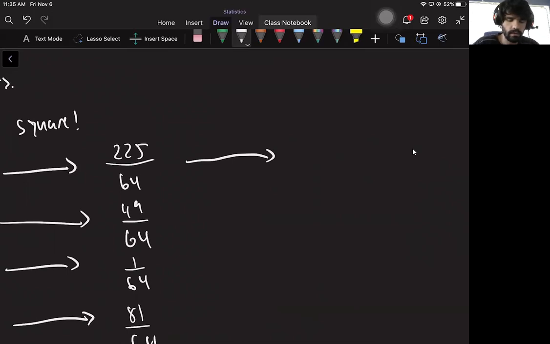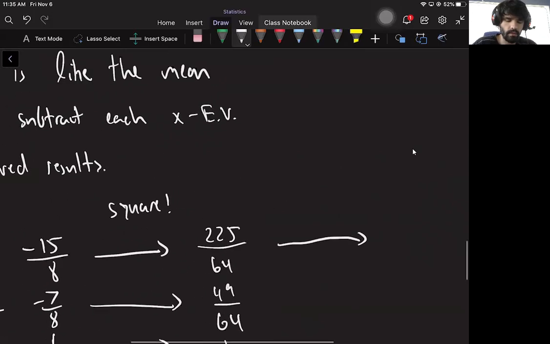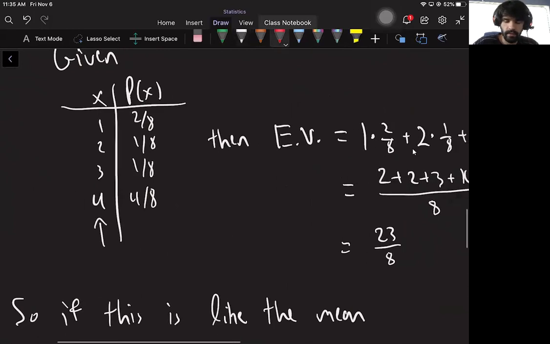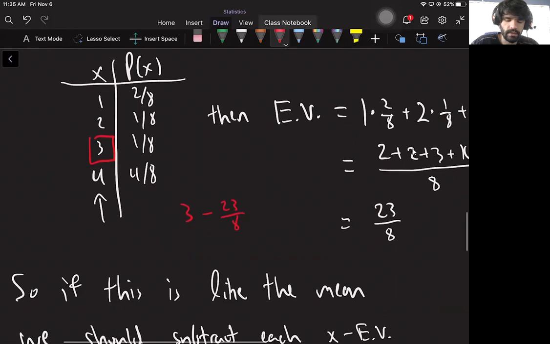Here, what we have to do is account for the probability somehow. The idea is that this 3 is showing up 1/8 of the time if it were a bunch of data. So when I subtract my 3 minus my mean, I have to do this 1/8 of the time, because if it was a bunch of data, that's how many times I would do it.